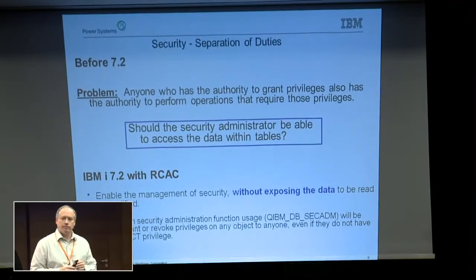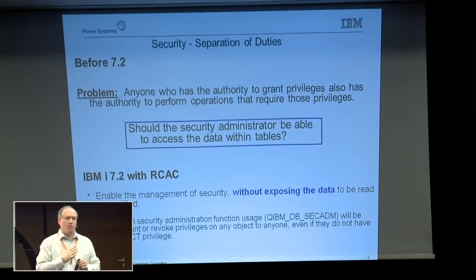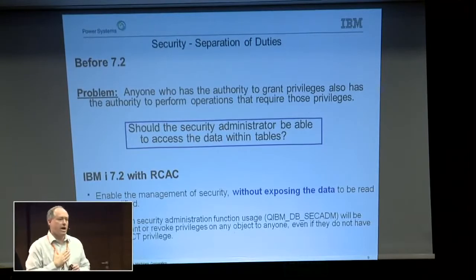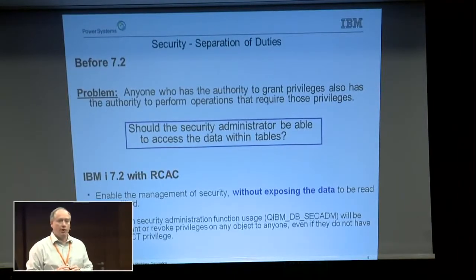Question: does the security officer need access to the data? Correct. They do not. They don't need to see my credit card number, my private ID number, lots of other information that may be in your databases. How do you protect that?